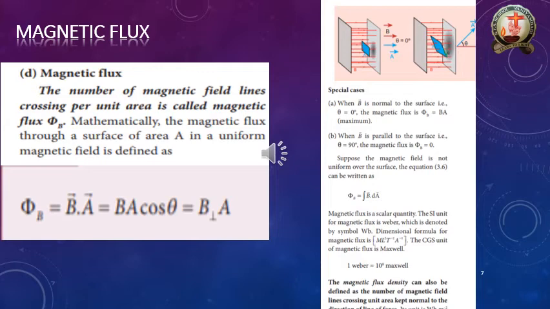And second case, when B bar is parallel to the surface, that time the surface area is perpendicular to the magnetic field. So theta is 90. Yes, you can see clearly in the video. If you have any doubt while watching the video, please ask. I will clear it.